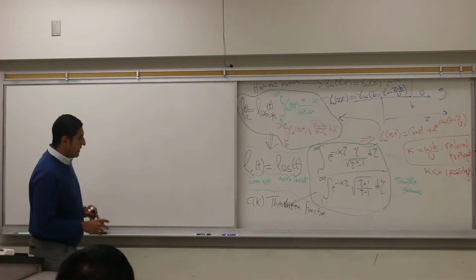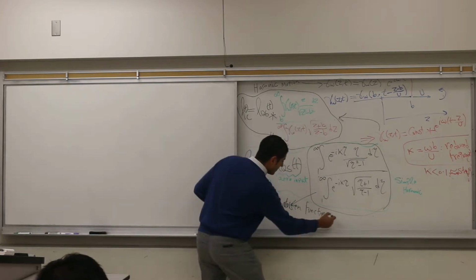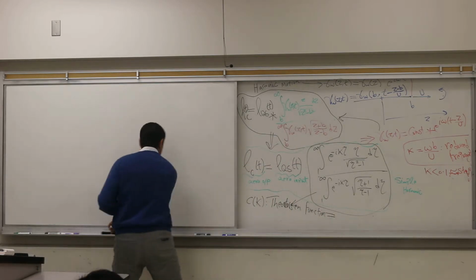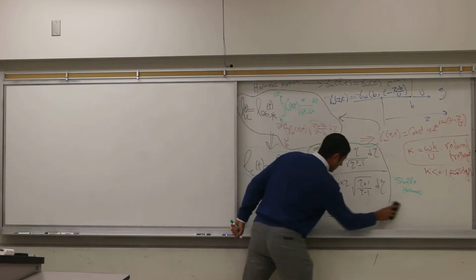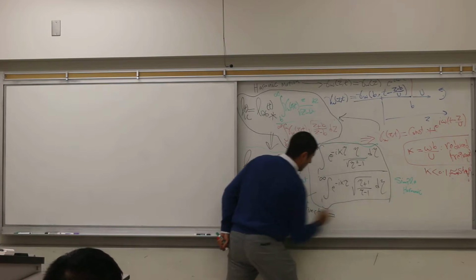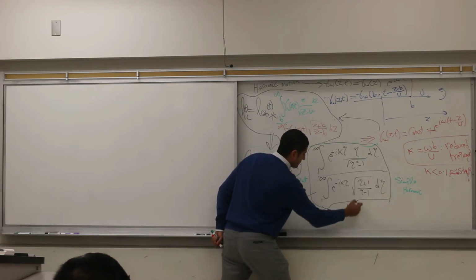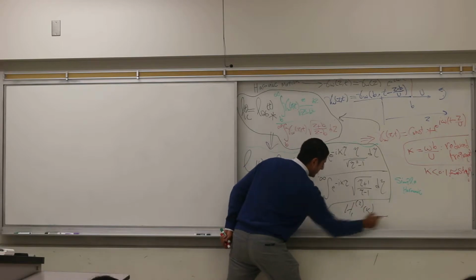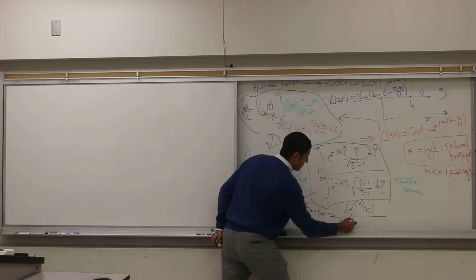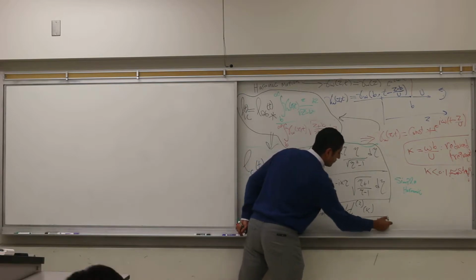Luckily this C of k has an analytical expression. It's a fraction: H1(2) of k divided by H1(2) of k plus i H0(2) of k.